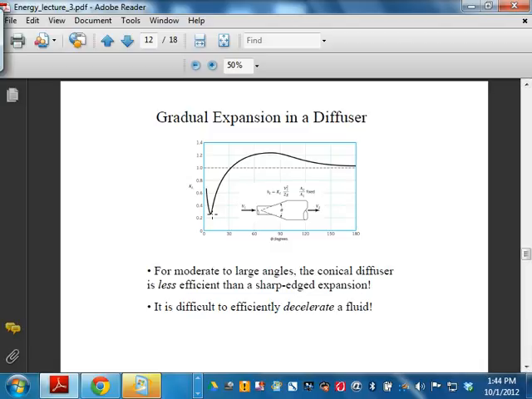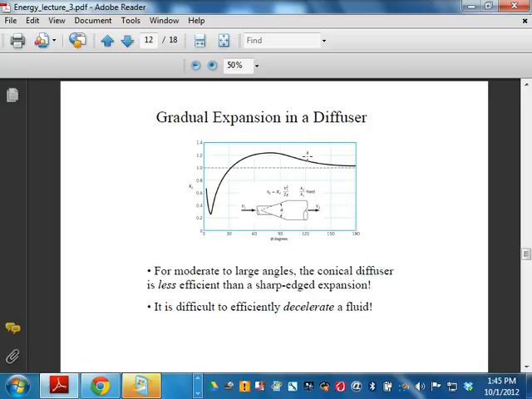At 7 degrees, you get the least losses, around 0.25 or something. If you go any faster, it goes higher. Why is it 7 degrees? It's because if you diffuse at 7 degrees, in a very gradual diffusion, the turbulent flow doesn't actually separate from the wall. No separation.